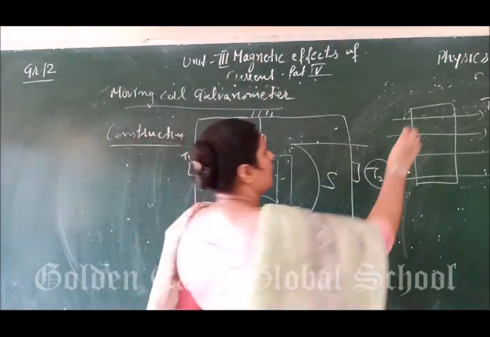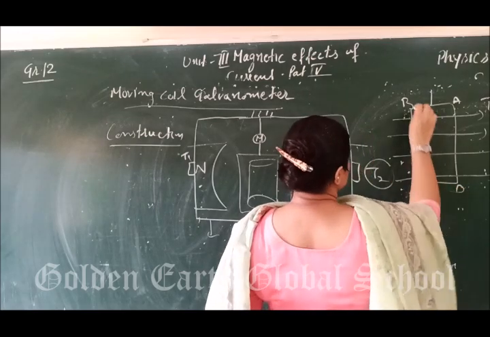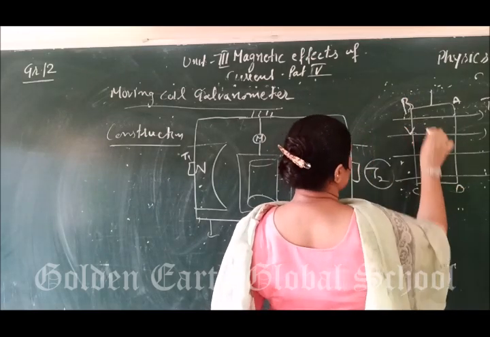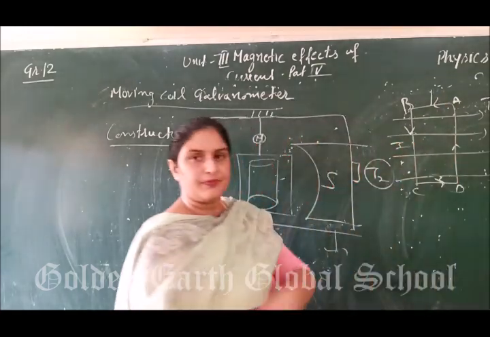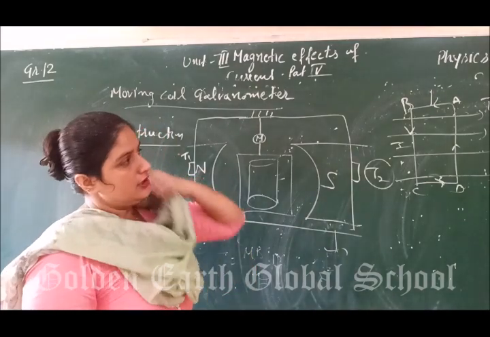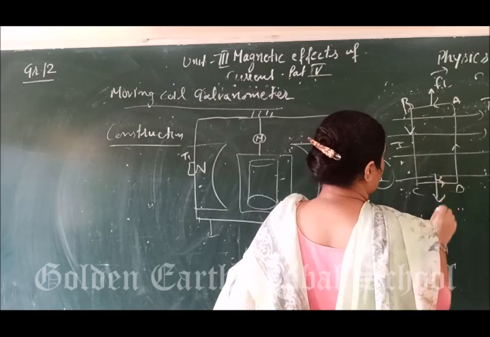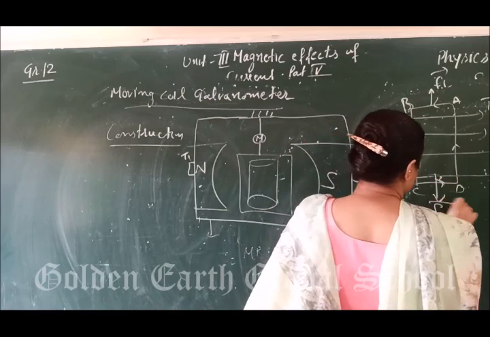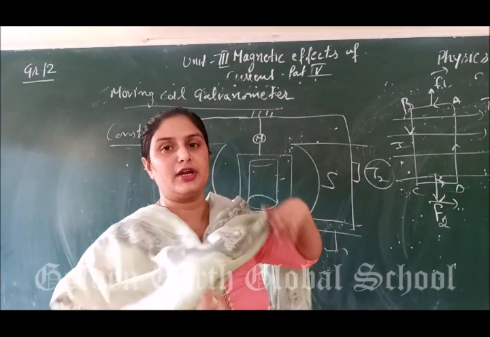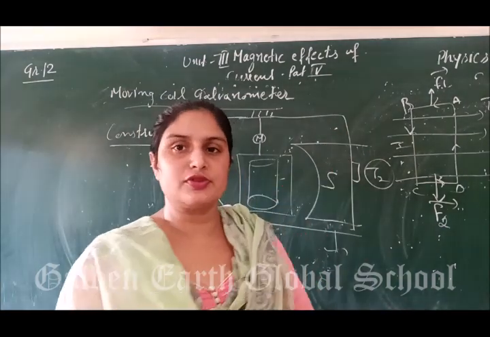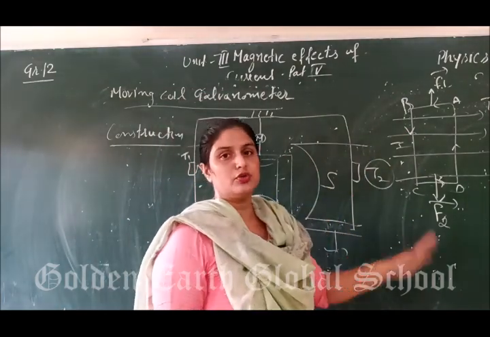Current I is flowing through the coil, and due to this current, the force F1 is acting vertically upward on the arm AB, and on the arm CD, the force F2 is acting vertically downward. The magnitude of these forces is equal and the line of action is the same, so they cancel each other.